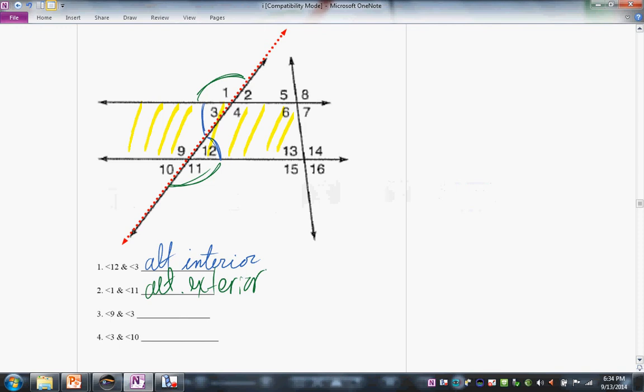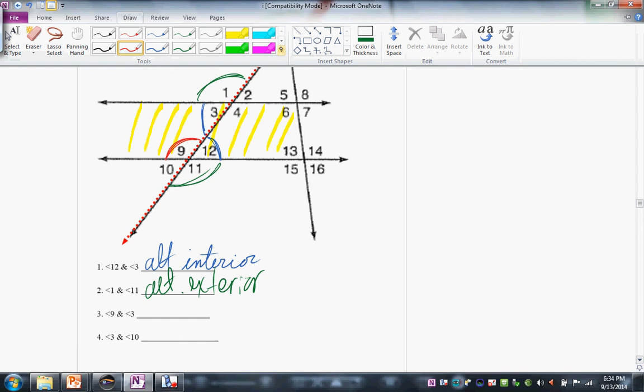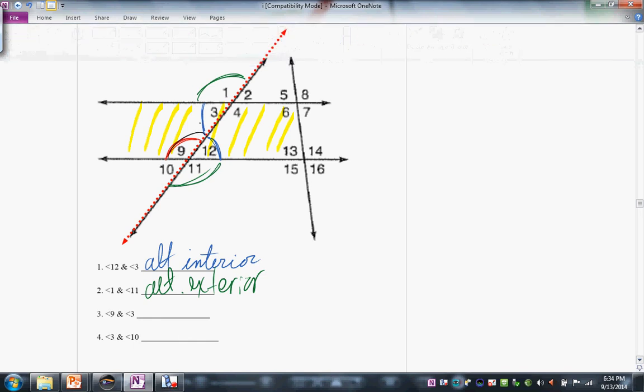9 and 3, one's in, and the other one's in. So that's called consecutive interior.